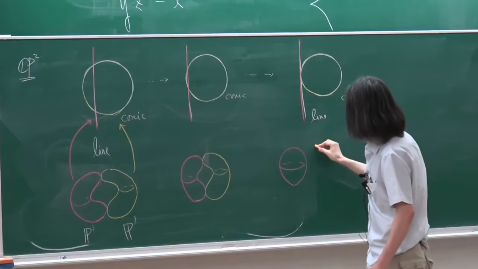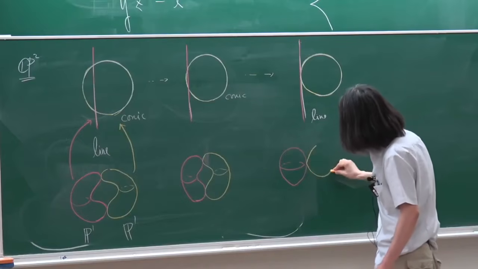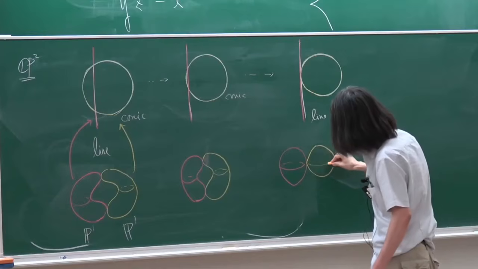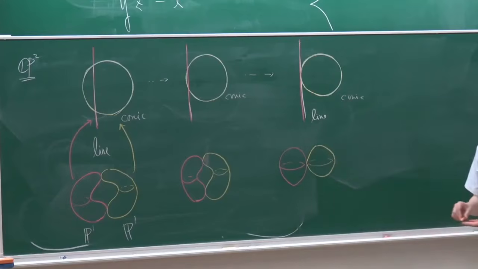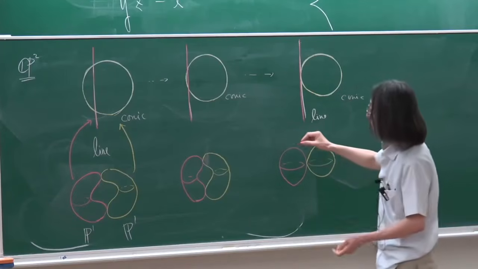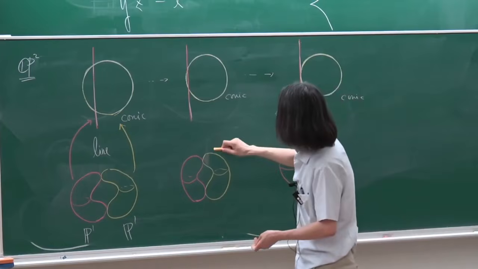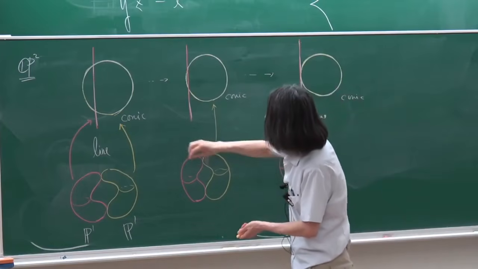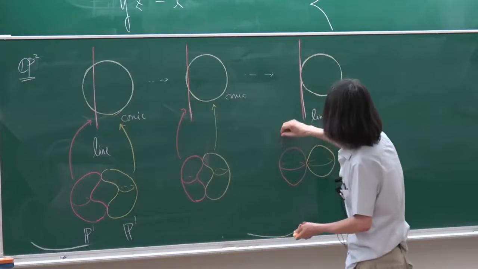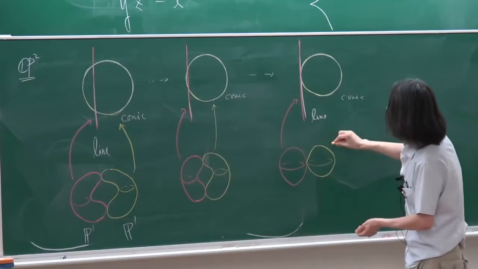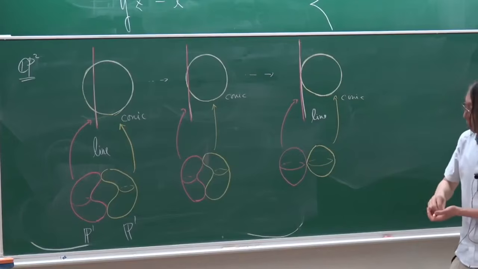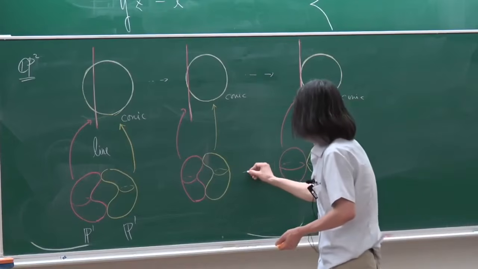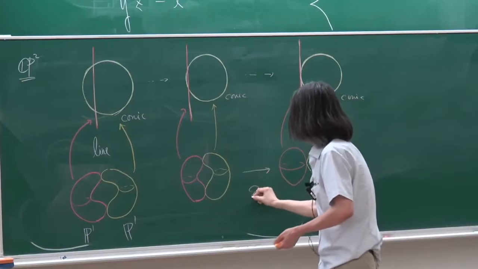So this may be like this, because they meet at 1 point, right? So does this converge to this?